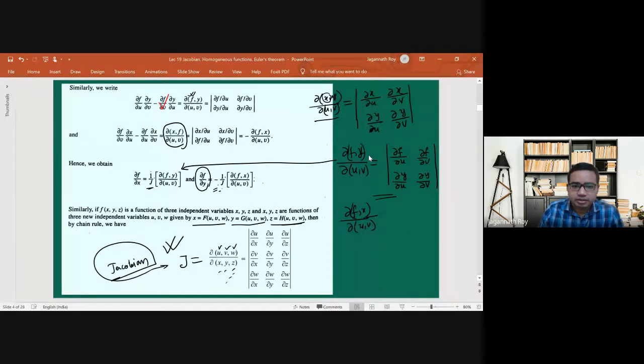This will be del u, del x. Whoever is in the numerator will come in the numerator, and whoever is in the denominator, we have to do partial differentiation with respect to them: x, y, and z.